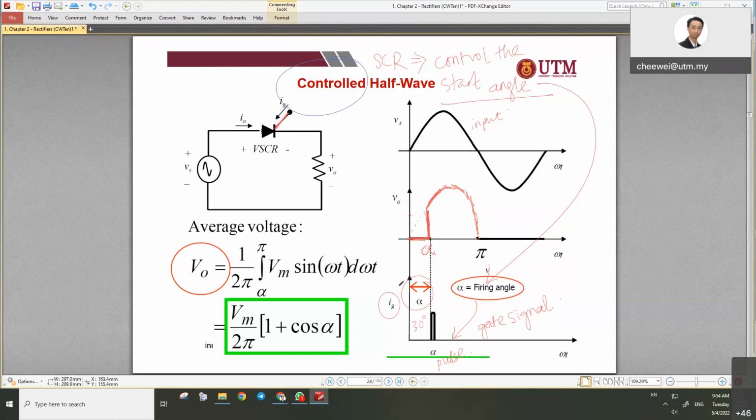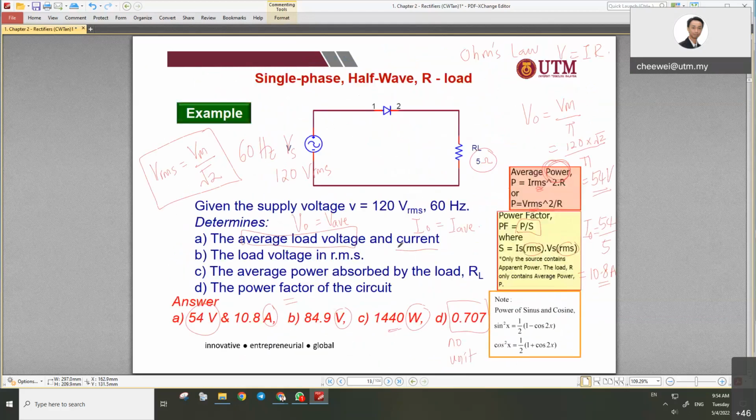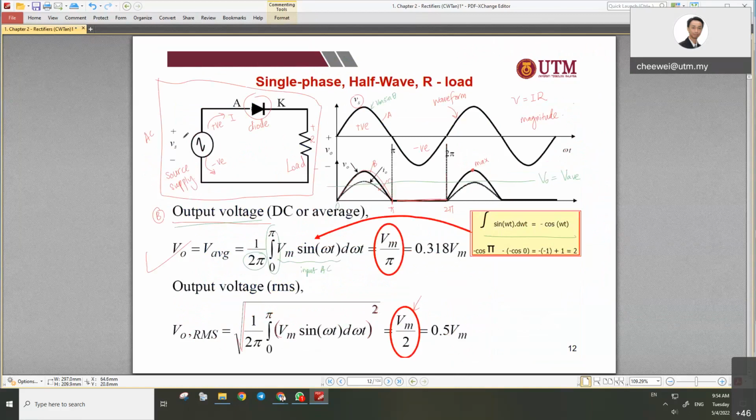If I start the alpha at 0 degree, can you tell me what is happening? Alpha starts at 0, what is happening? If alpha starts at 0, I'm coming back to the same uncontrolled rectifier, because this one starts at 0.